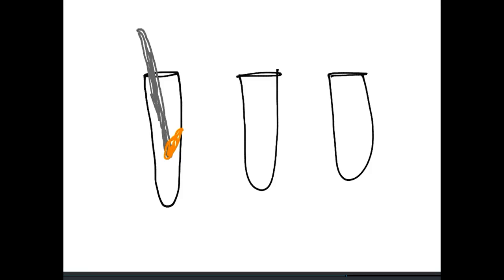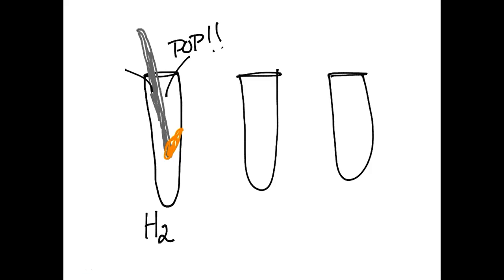So let's see, there are 3 splint tests. Let's start with this one. This is a flaming splint. This is a splint that is on fire. There's an active flame there, and it pops. So if you insert a flaming splint into a test tube that contains a gas that causes it to make a loud pop, then that is the positive splint test for hydrogen gas.